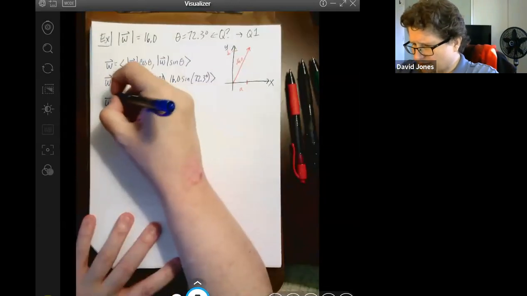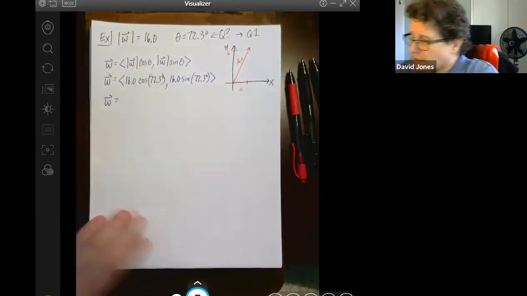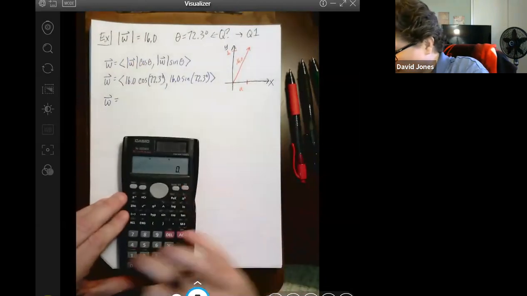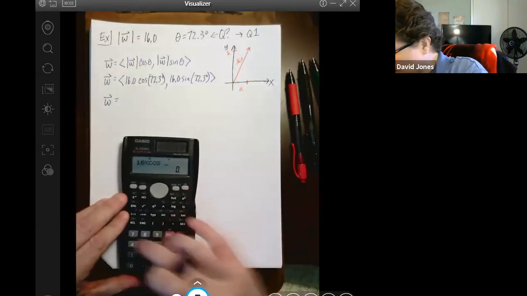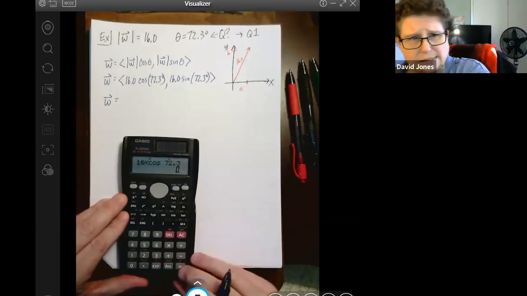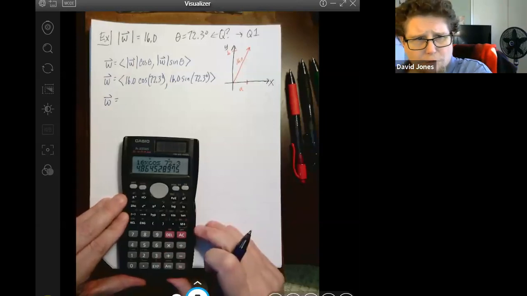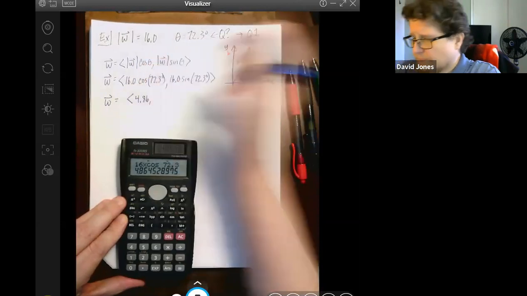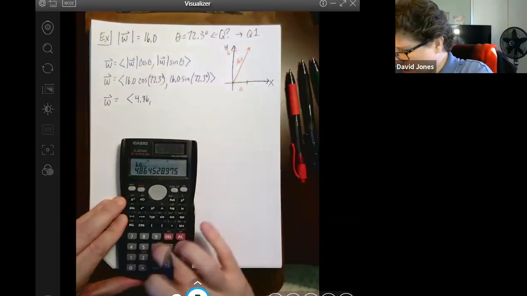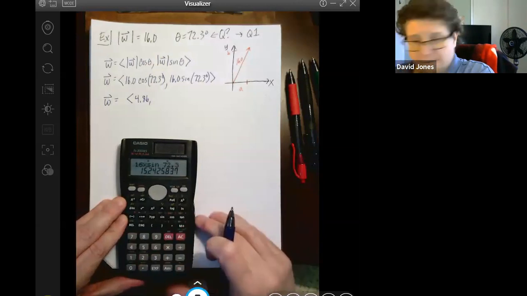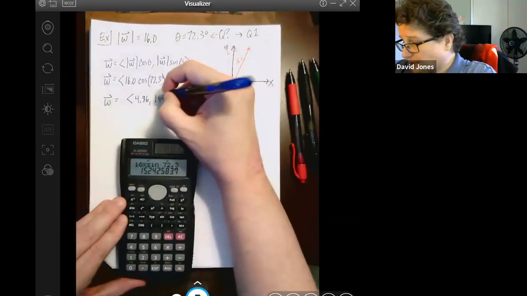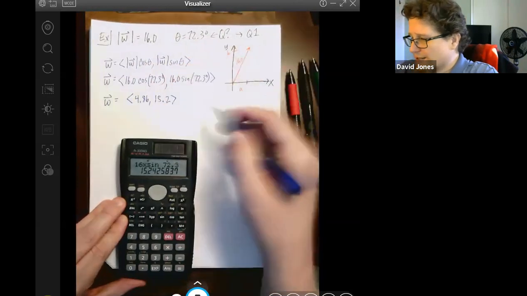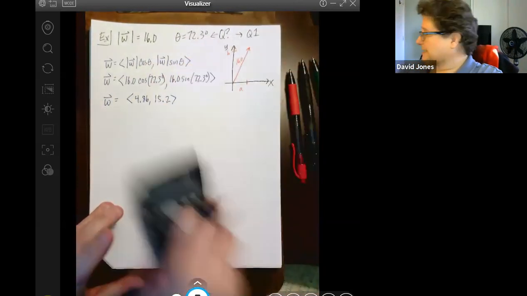And to 3 significant digits, what do we get? 16 times cosine of 72.3, 4.86. 16 times sine of 72.3, 15.2. Yeah, it's a lot taller than it is wide. The y value is a lot bigger than the x.